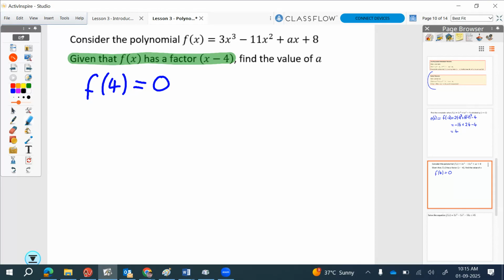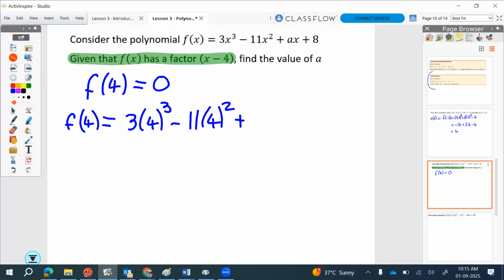So we'll take our polynomial. We know that f of 4 is going to be 3 bracket 4 cubed minus 11 bracket 4 squared plus 4a plus 8. Therefore, this has to equal 0. If we collect together all of the numbers, what do we get? Use your calculator to collect together the numbers.